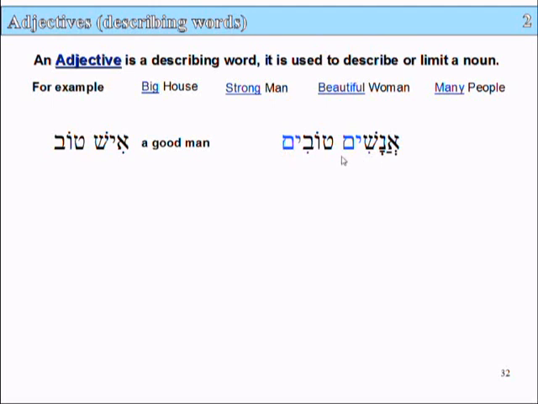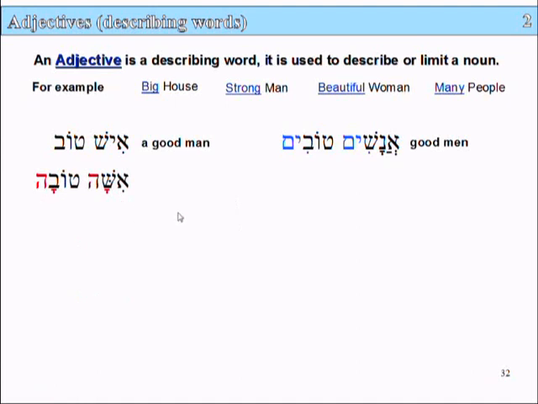So it becomes anashim tovim. So we don't do this in English, but we do this in Hebrew. So that means good men. But you could translate it literally as men, goods. But as I said, it's not quite the same in English.